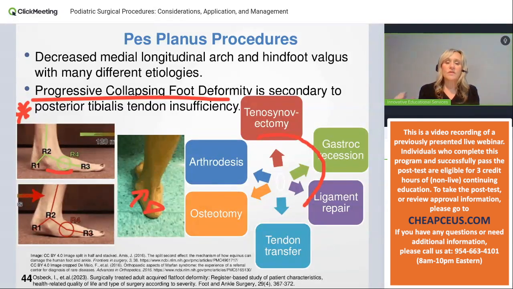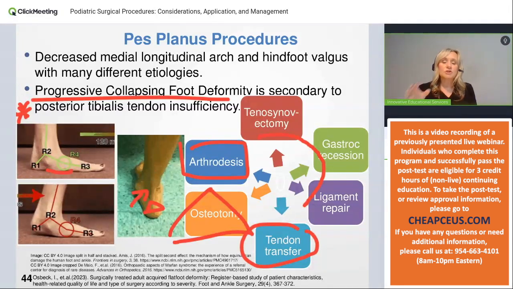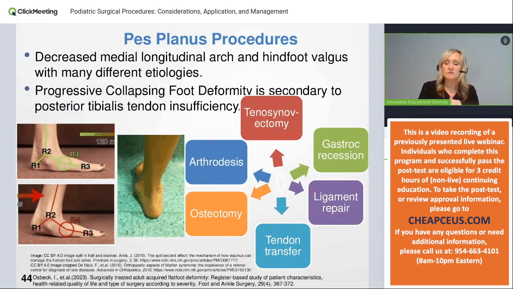If it's a patient where that posterior tibialis tendon is not functioning to control the arch, so they have a flexible foot like we're looking at in the left image, then they might just do a tendon transfer like we looked at for the peroneals, but do the posterior tib. What they're trying to avoid is an arthrodesis, having to fuse. So, oftentimes, an osteotomy to try and realign the bony architecture is what's utilized. So, that's the procedure we will discuss.